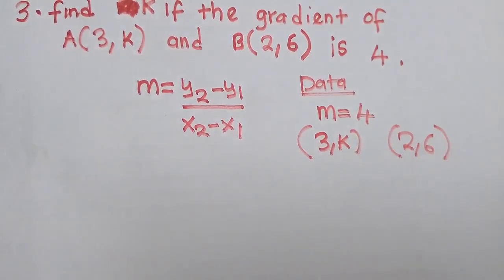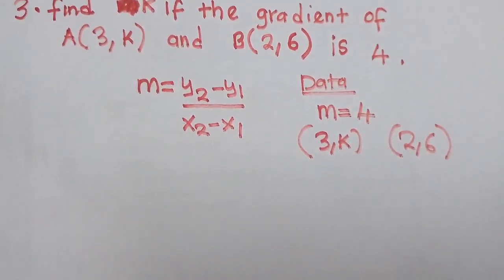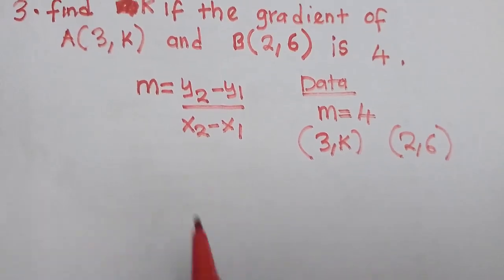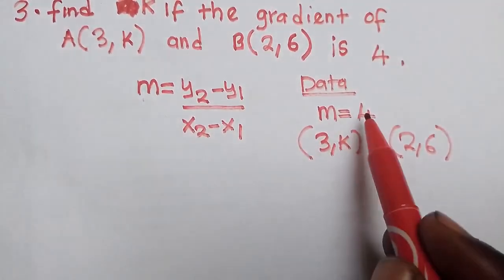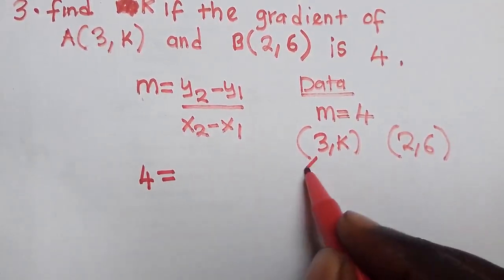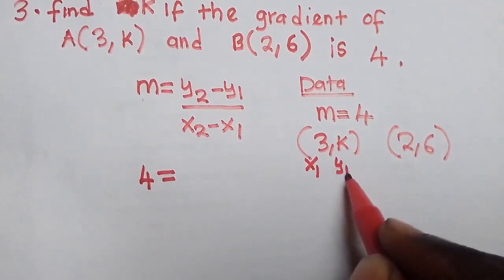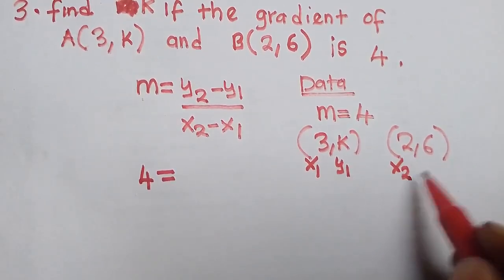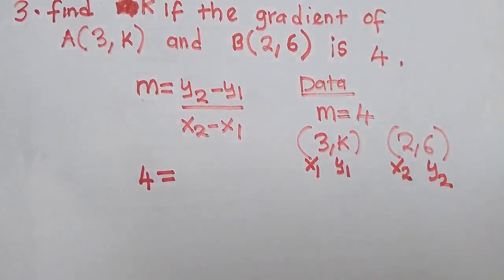This is what we are given. So we want to find the value of k. So just the matter of substituting. What is your gradient? 4. So you put your 4 there, which is equal to, this one will be x1, y1, x2, y2.